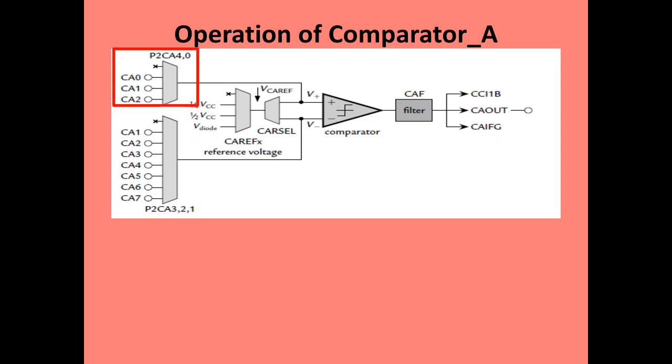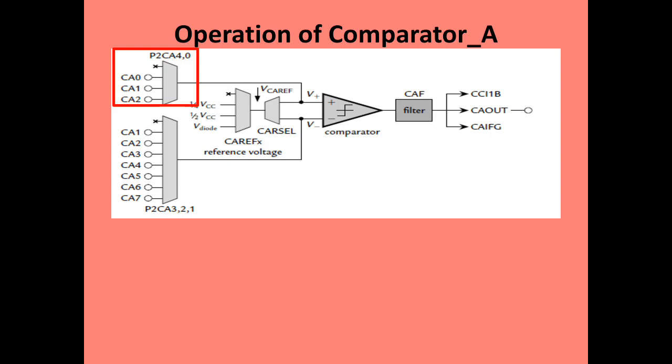But practically the comparator ADC converts 10 analog channels into digital information. Further, if you want to implement these 10 channels, here we don't have a 10-input multiplexer.